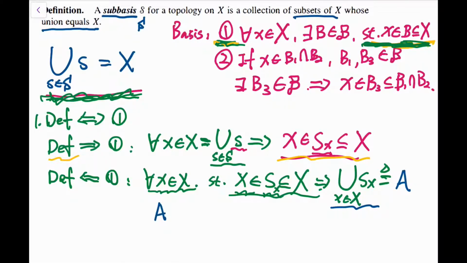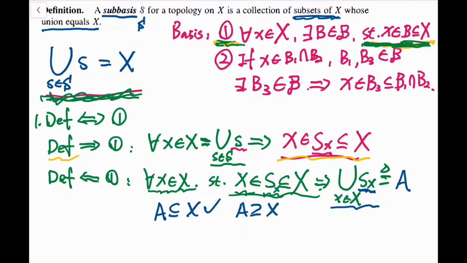First, A should be a subset of X. The reason is that any Sx is a subset of X, because according to the definition of subbasis, the elements of the subbasis are subsets of X. So any Sx inside this union is a subset of X. The union of subsets of X should also be a subset of X. It will not be bigger than the set X.